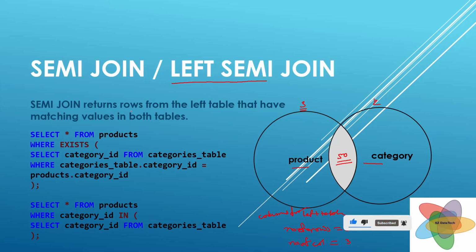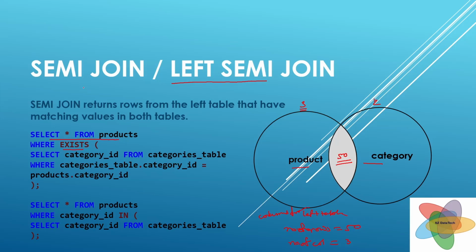Semi join returns rows from the left table that have matching values in both the tables. Since we need only columns from the left table, we have used select star from product, so it will provide only columns from the product table. In the where clause we are using exists, and in this exists we have applied a condition where the category id from the category table should match the product's category id.